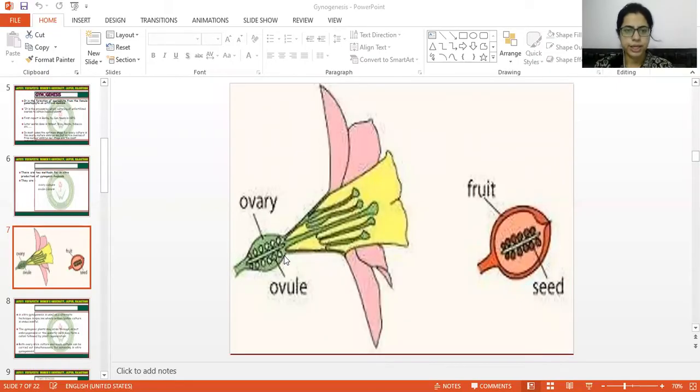For understanding the difference, you have to know the complete structure of a flower and its reproductive parts. Ovary and ovule are female reproductive organs, where this complete structure is known as the ovary, and the ovary has these small bead-like structures which are known as ovules.